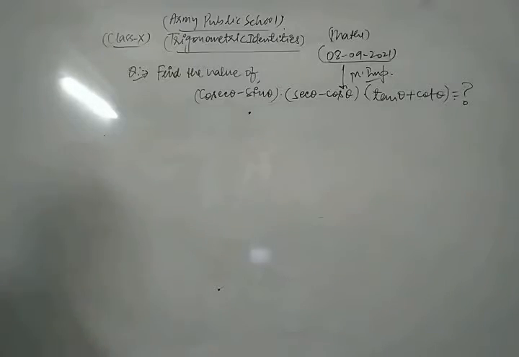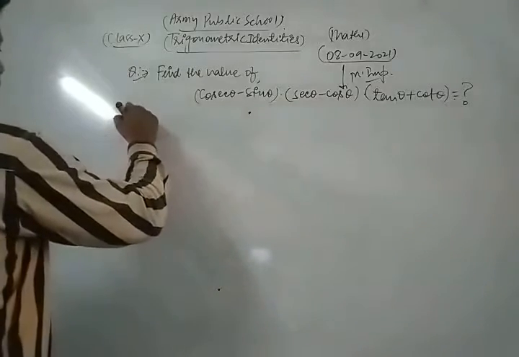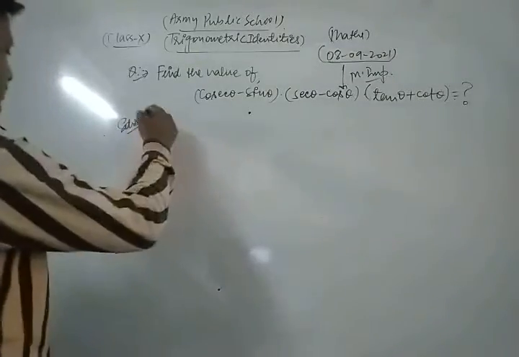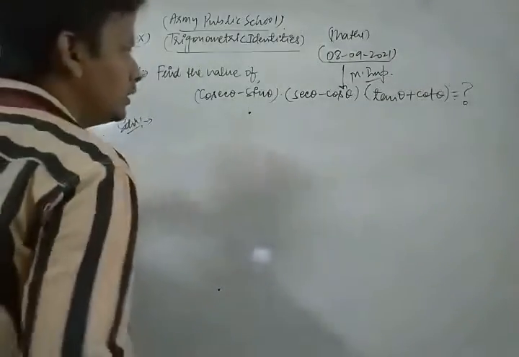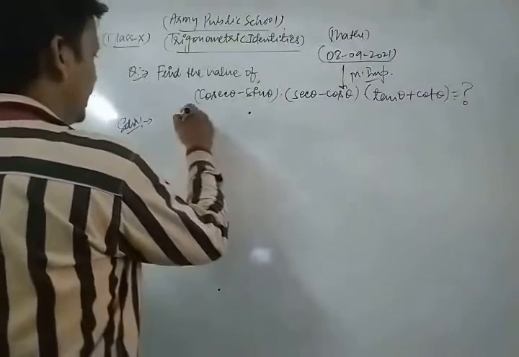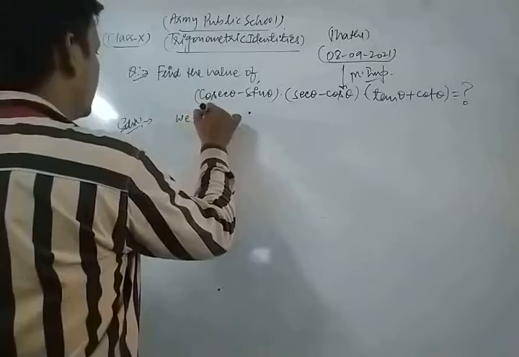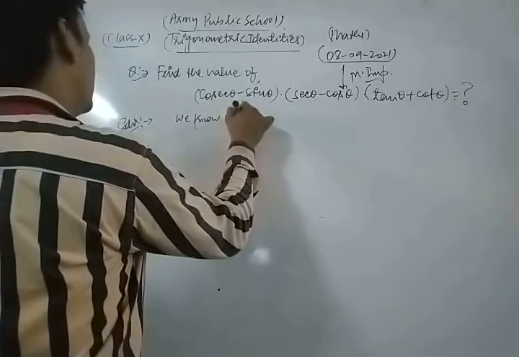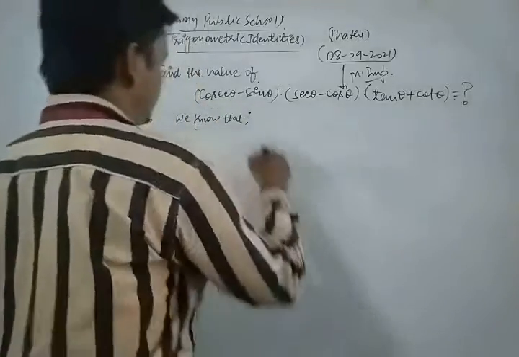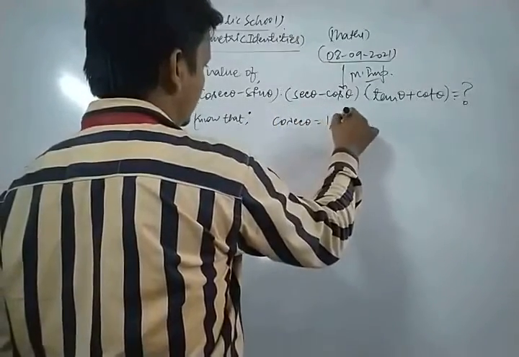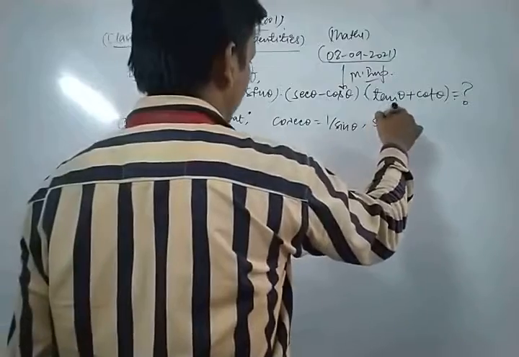Now look, first of all, we know that cosec theta is equal to 1 upon sin theta.